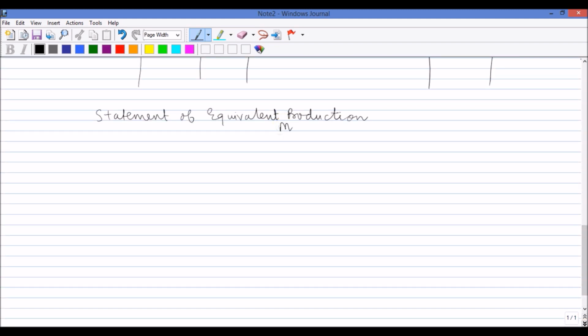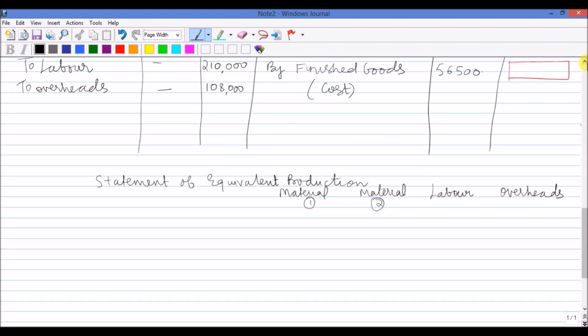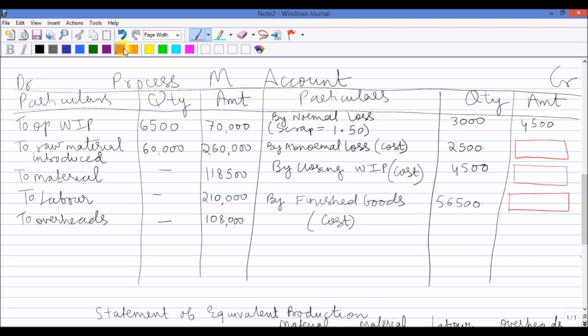So one I will name as material 1, then the other one I'm going to name as material 2, then we have labor, and then we have overheads, friends.